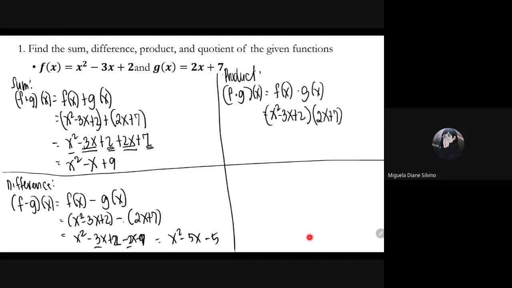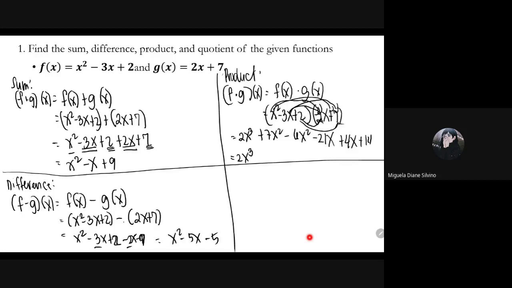So distribute natin x squared times 2x, that is 2x cubed. X squared times 7, that's positive 7x squared. Negative 3x times 2x, that's negative 6x squared. Negative 3 times 7, that's negative 21x. 2 times 2x, that's 4x. 2 times 7, that's 14.